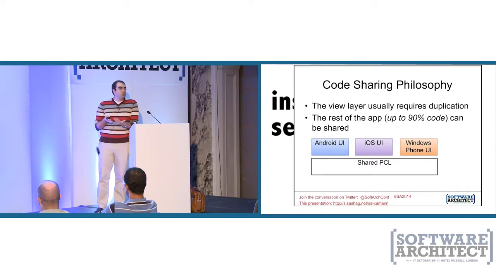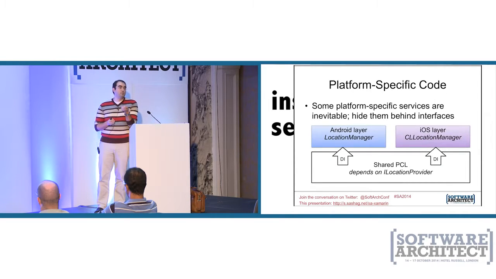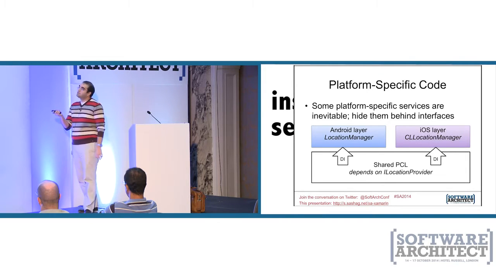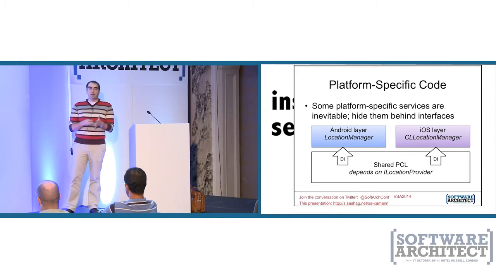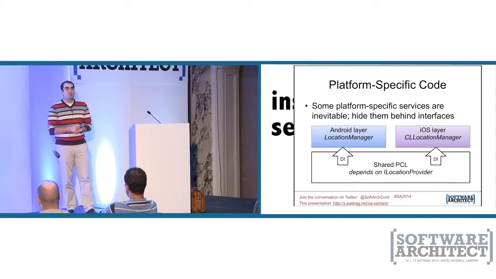The best solution you have is that your shared platform code, your shared PCL, depends on an interface, say ILocationProvider, and then you use some sort of dependency injection so that the Android layer, the iOS layer, the Windows Phone layer provides a concrete implementation for that platform. So on Android, that interface would be implemented using the native Android location APIs, on iOS using the iOS native location APIs, and so on.